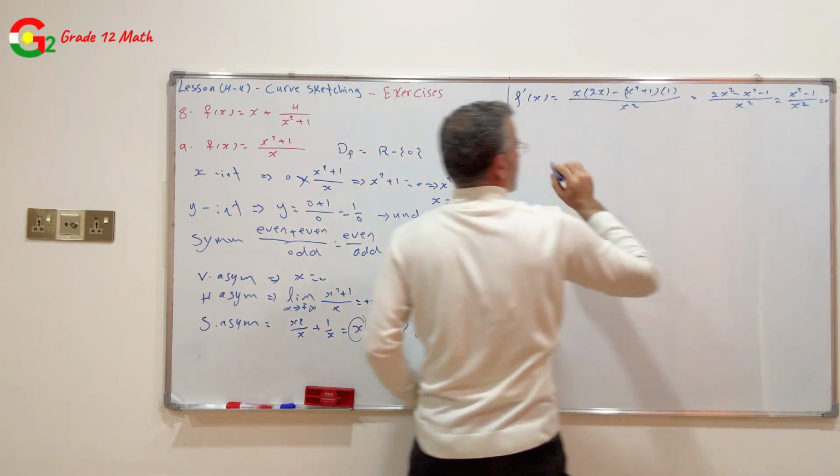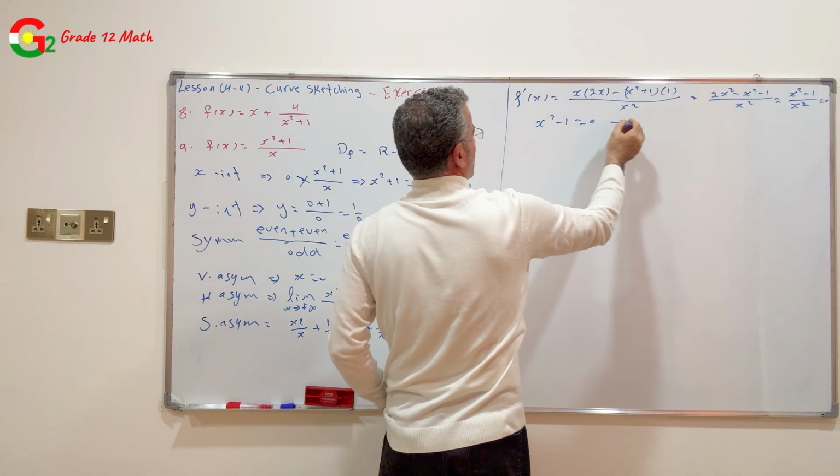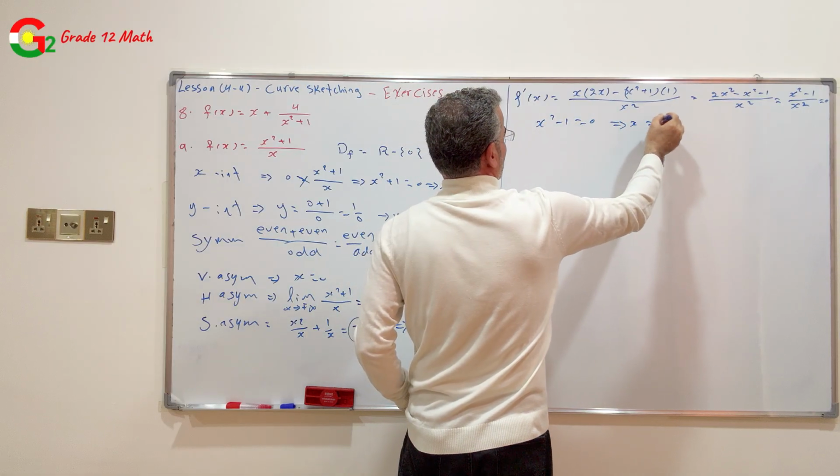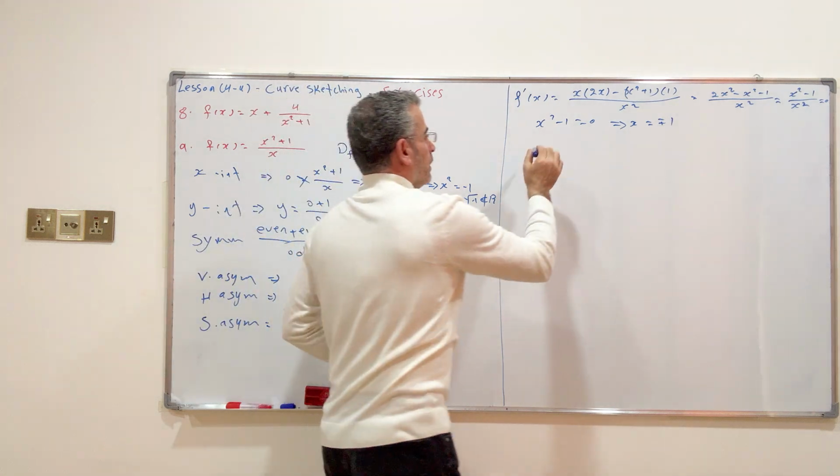Set it equals 0, cross multiplication, then x power 2 minus 1 equals 0, then x equals plus or minus 1. We have two critical points.